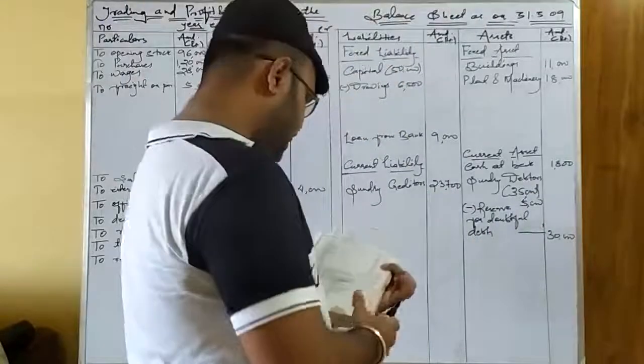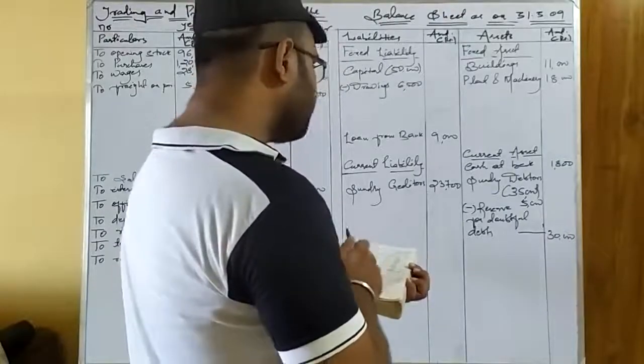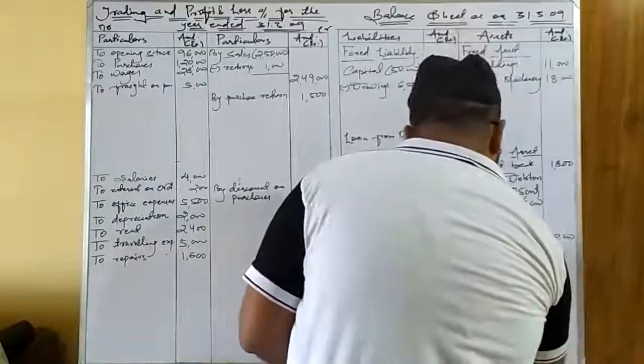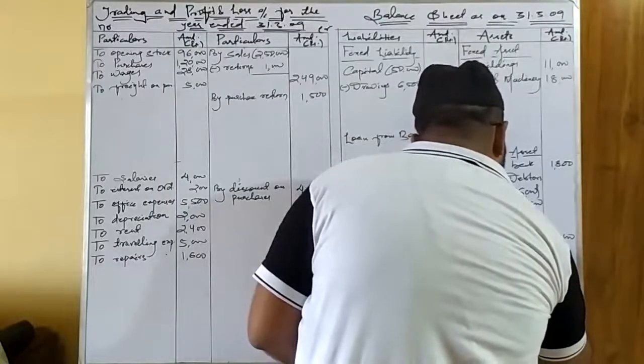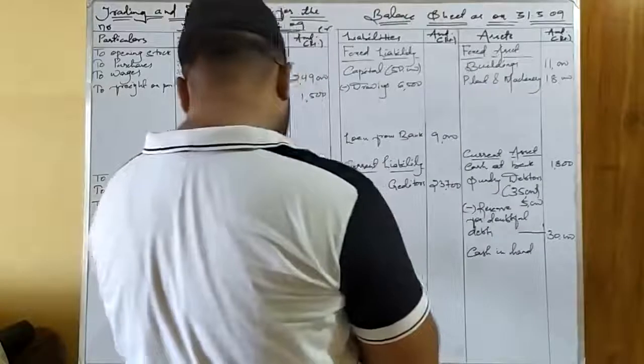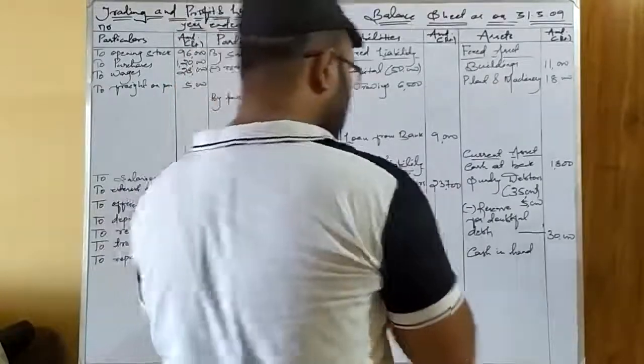And since we erased the cash in hand, we will write it again. Cash in hand. So the value of cash in hand that was given was 200 rupees.